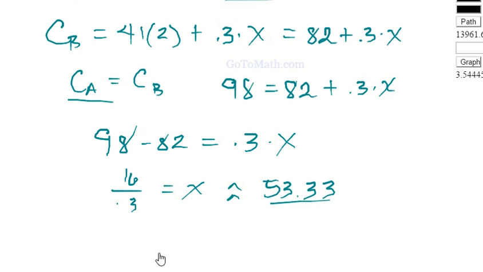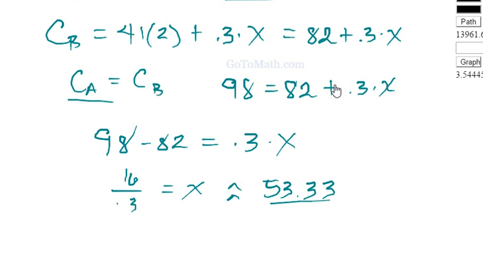Actually, what I'm going to do is go ahead and do that. Company A is going to cost $98. It doesn't make any difference, no matter what, it's going to cost you $98. So let's remember that.